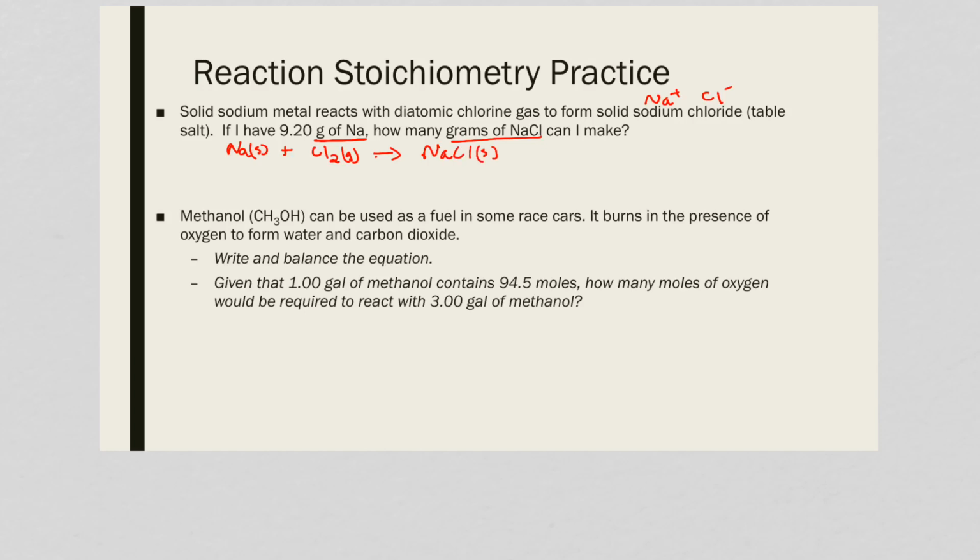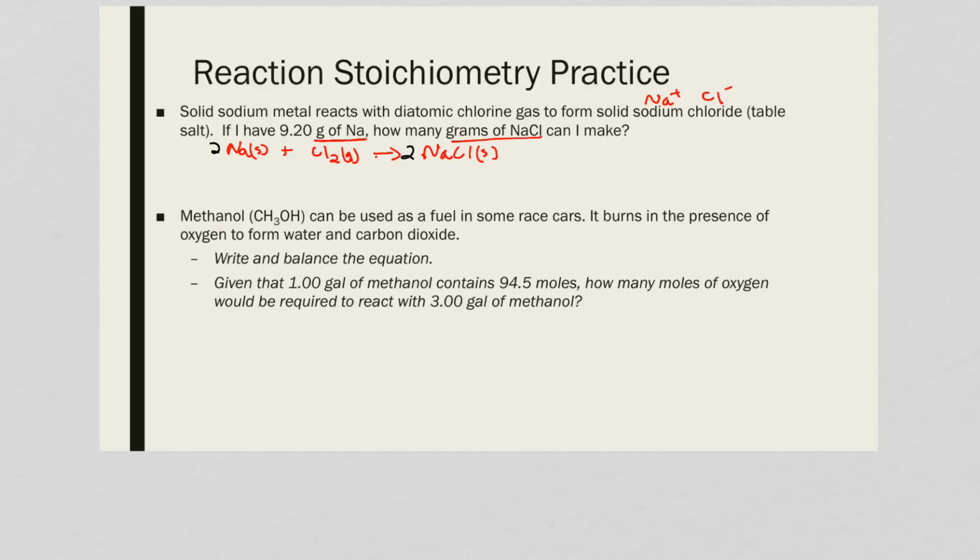Now we need to balance, so I got one sodium, but I got 2 chlorines and 1 chlorine. So I need to put a 2 here to balance my chlorines. Well, that changes the sodium to 2, so I'm going to have to put a 2 over here to balance out the sodium. So I have my balanced equation, and now I can start to do my problem.